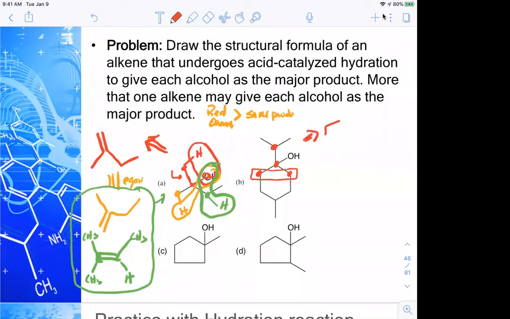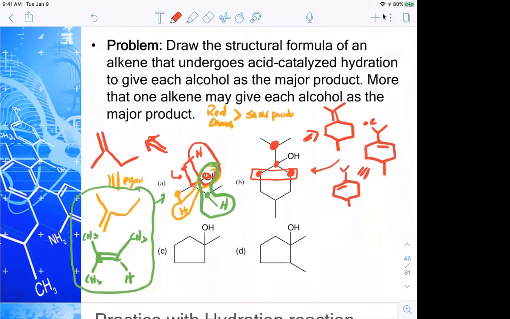So I'm going to get this guy, or I'm going to get this guy, which is going to give me that alcohol if I add water to it. And if I put this double bond on this other side, they're equivalent. So I really only have two positions that give me the alkenes.